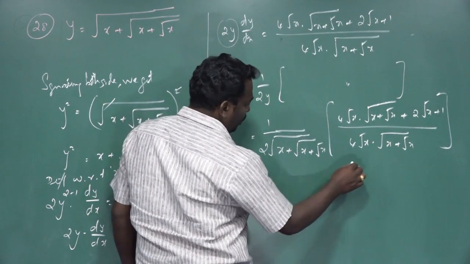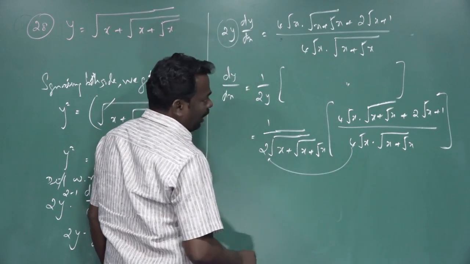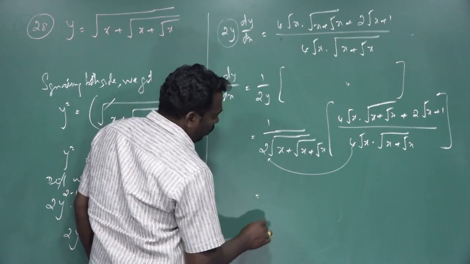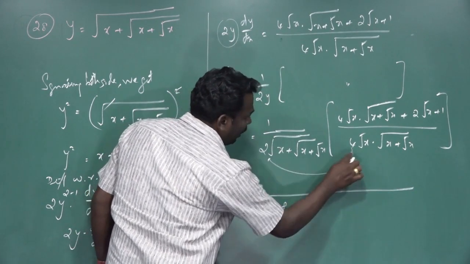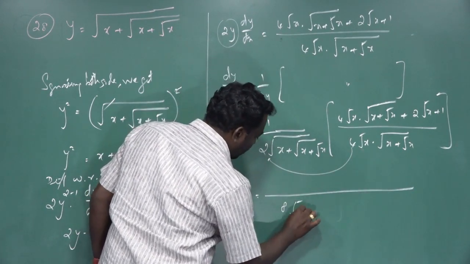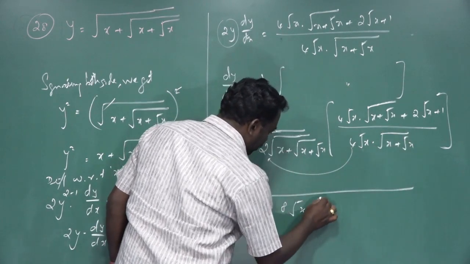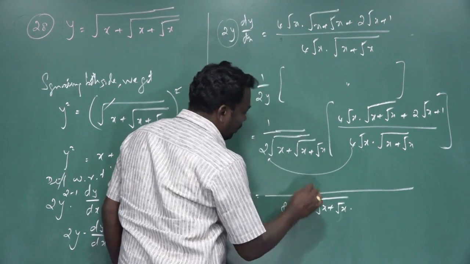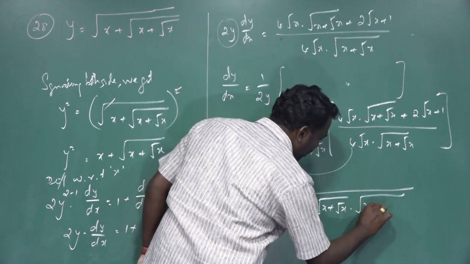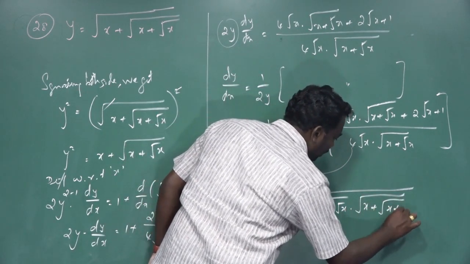Now what we have to do is multiply the two terms, and the denominator is equal to 8 into root x, first write root x, then write this term root x plus root x, then write this term root of x plus root of x plus root x.